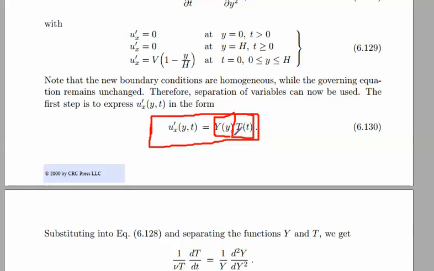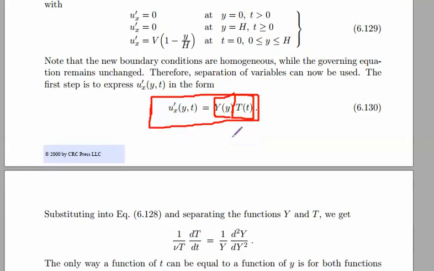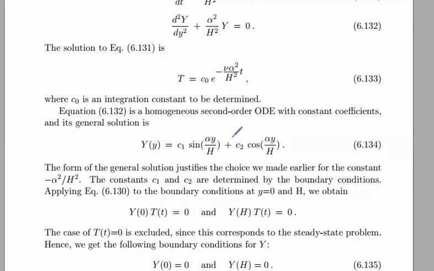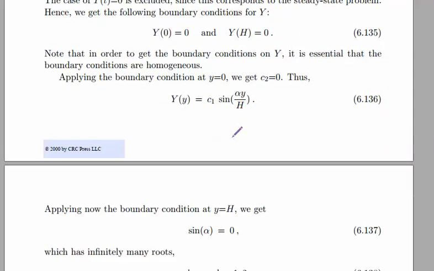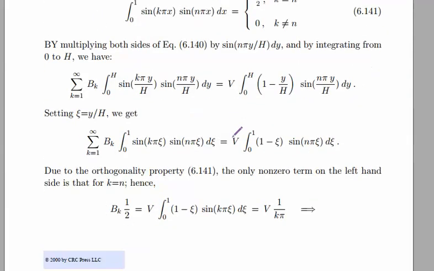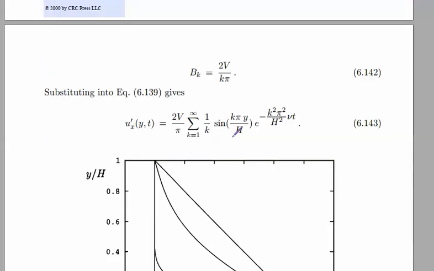So here is exactly the solution of this heat equation by the separation of variable method, calculated here in this book. You can see this is the solution of this equation using the separation of variable method.